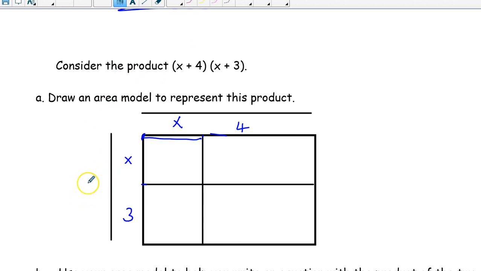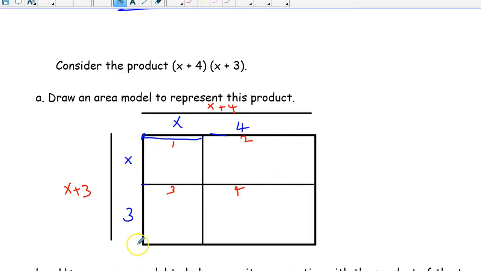It is x plus 3. Okay, you have x plus 3 is this total thing, and x plus 4 is the other one. Alright, now the big rectangle is divided into how many parts? 1, 2, 3, 4 parts.